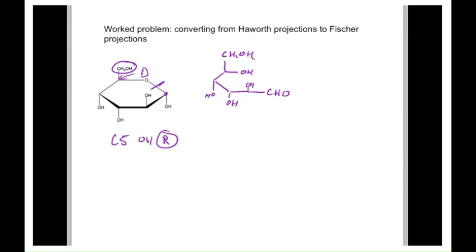So we're going to have to essentially twist that bond around, and so here's carbon 5 right here, and as we twist that bond around, the hydroxyl is going to end up pointing down.